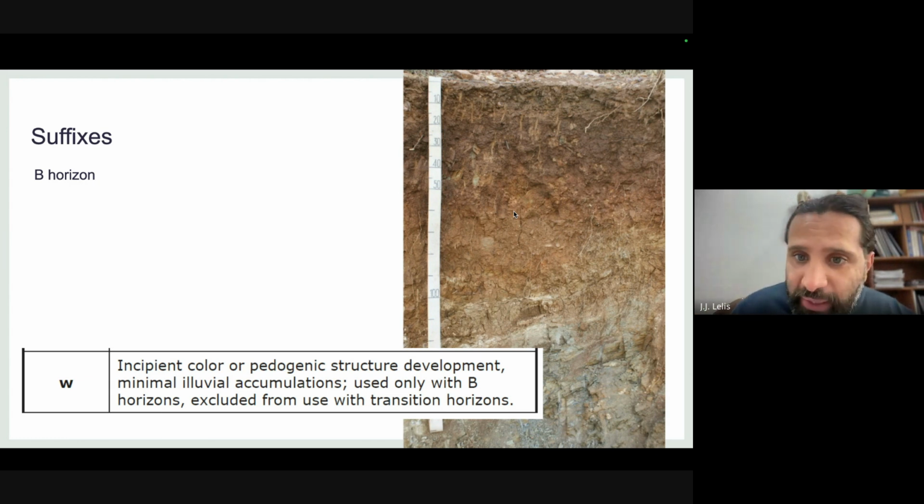So it's a B horizon, but without any process more complex than only weathering and leaching. This Bw horizon is quite important because we have some orders and some soils that only register the B horizon, and because of this we will classify them according to these Bw horizons.